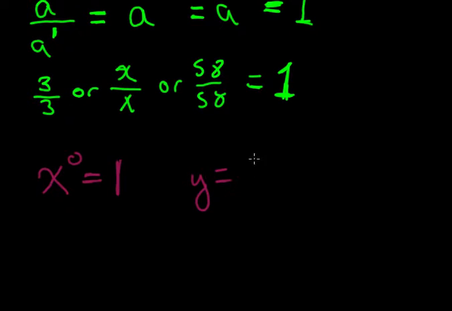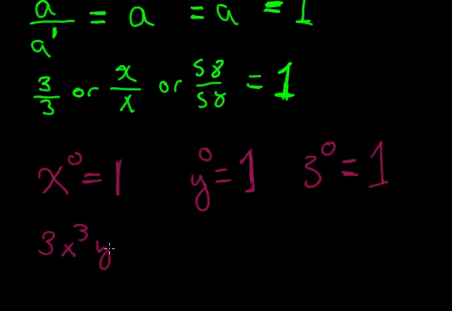Y to the 0 power is 1. 3 to the 0 power is 1. 3x cubed y to the 5th, all taken to the 0 power, is 1. Anytime you raise a quantity to the 0 power, the answer is 1.